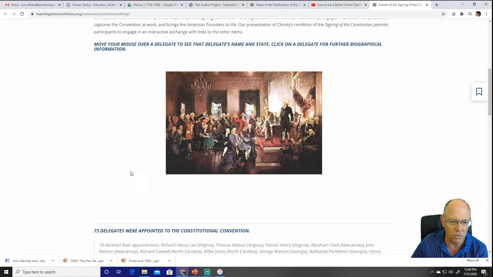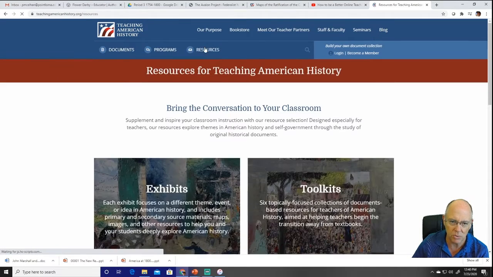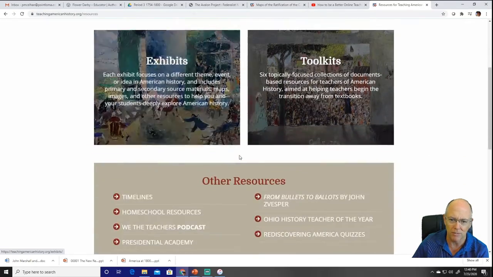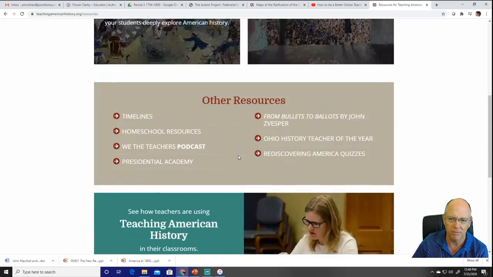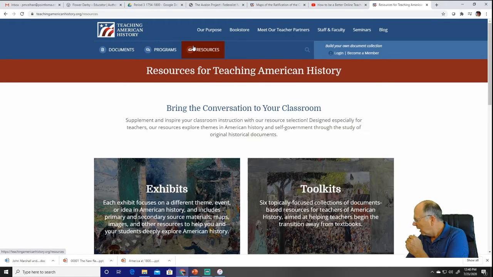So this website, Teaching American History Resources, gives you the biographies of all of the founders and what they did at the Constitution.